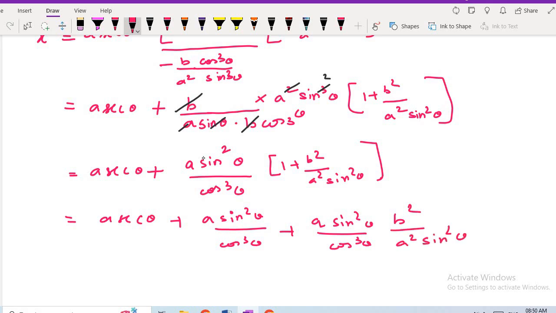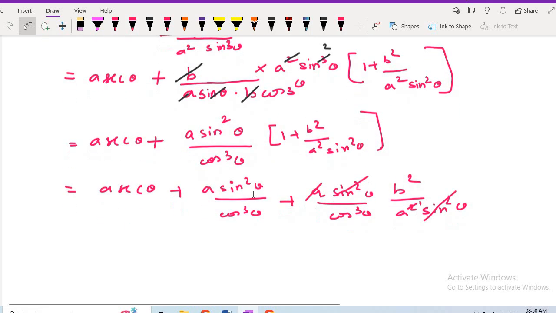Okay, compared to the previous 9 problems this problem is a little lengthy, but don't bother about it. You can just do the simplification and get the answer. So here sine square and sine square cancel, this a and this a cancel, and the rest of the one a we have here.